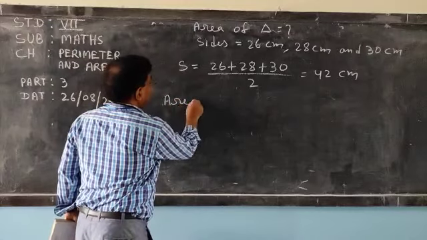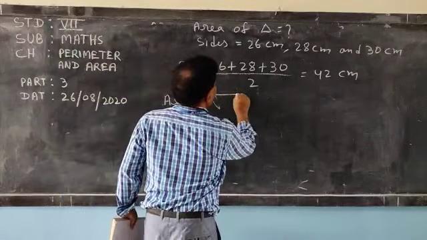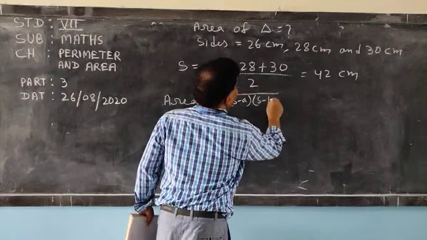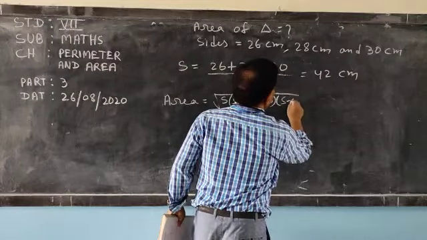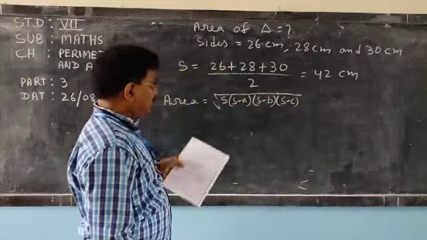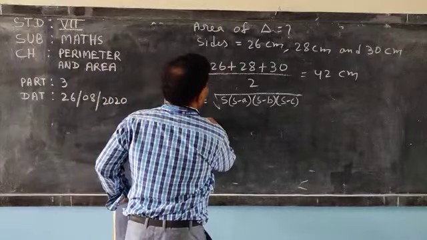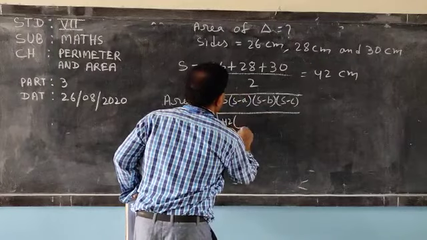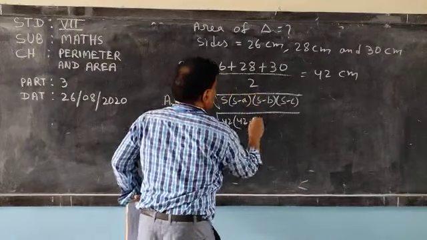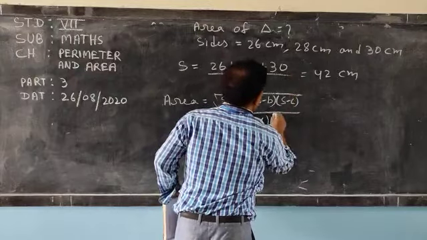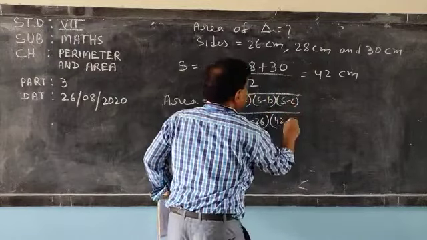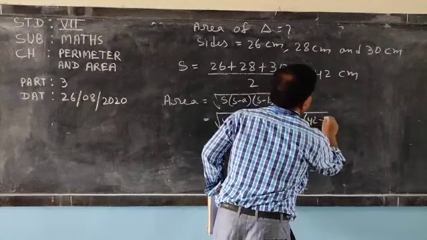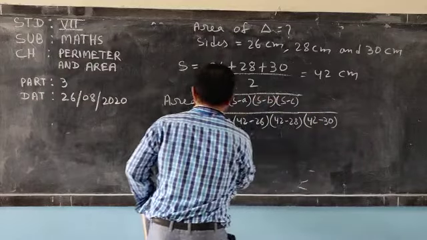Now area is equal to root over S into S minus A, S minus B and S minus C. This is the Heron's formula. So let us find, S is 42, root over 42 into 42 minus 26, then 42 minus 28, then 42 minus 30. Let us solve it.